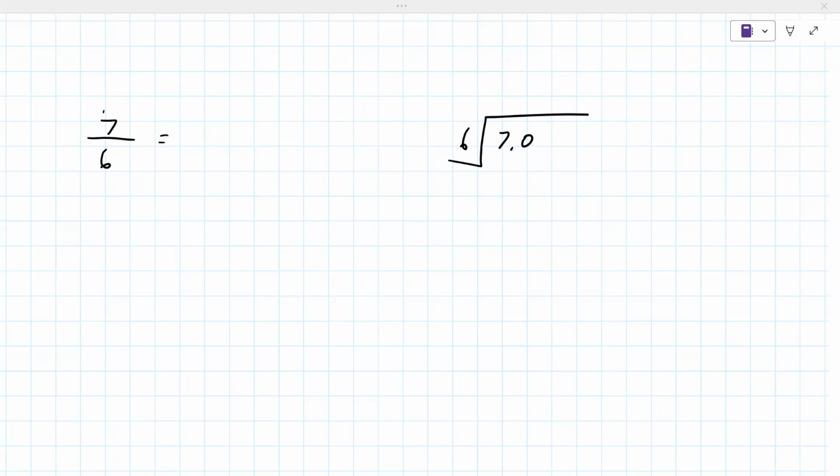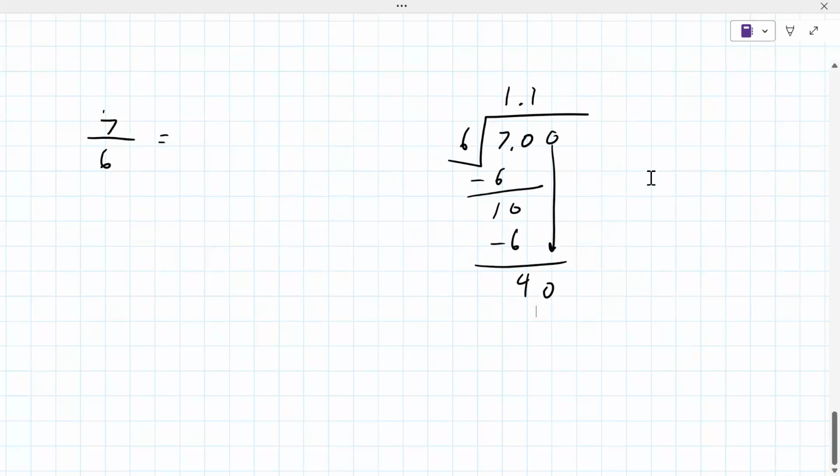One. Six from 6. One more time, I didn't quite catch that.